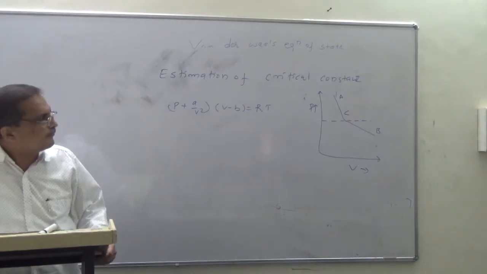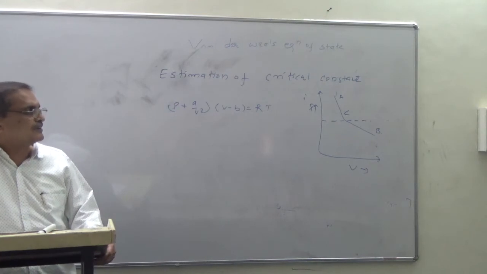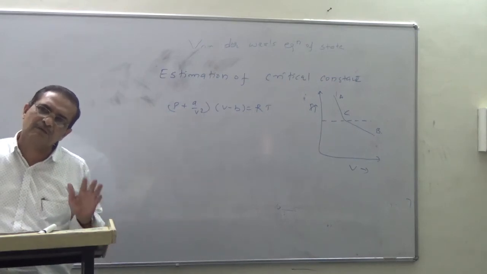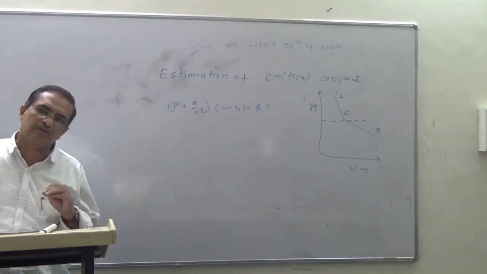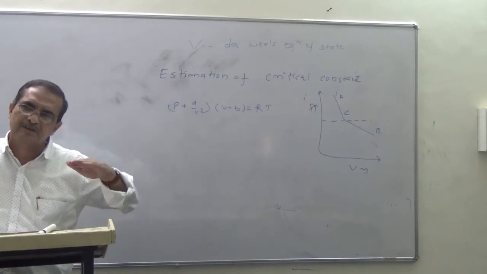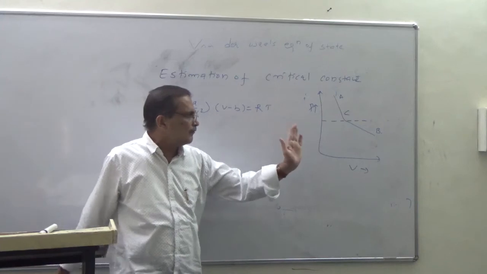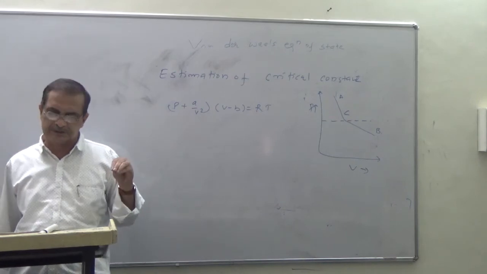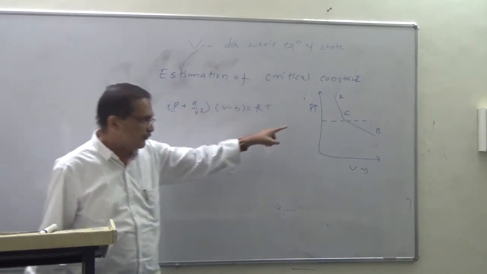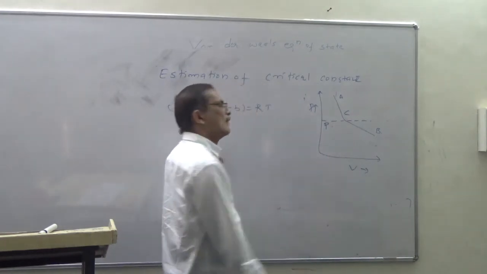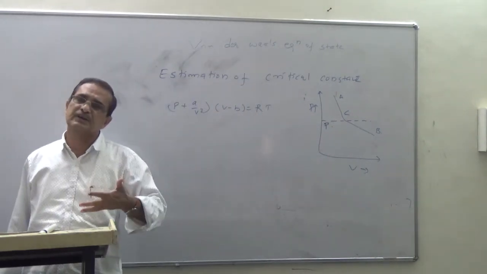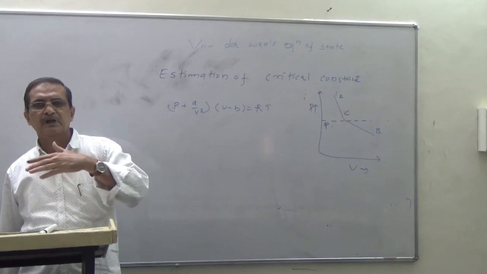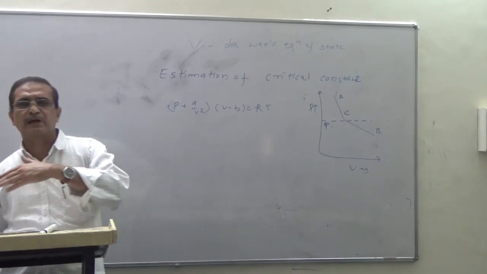At point C there is a sudden change in the value of the pressure. It remains nearly constant after the critical point C. That line is somewhat horizontal to the x-axis, and horizontal means the pressure remains constant. At point C the curve starts becoming somewhat parallel to the x-axis.